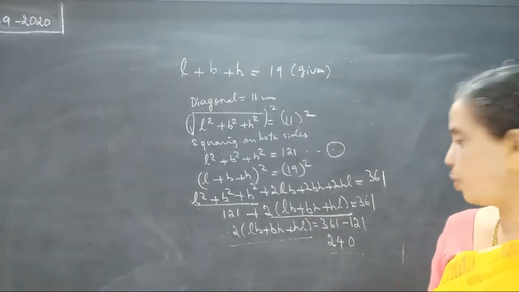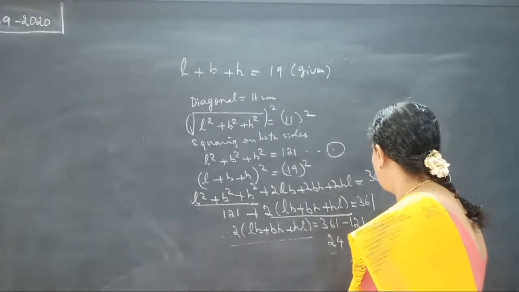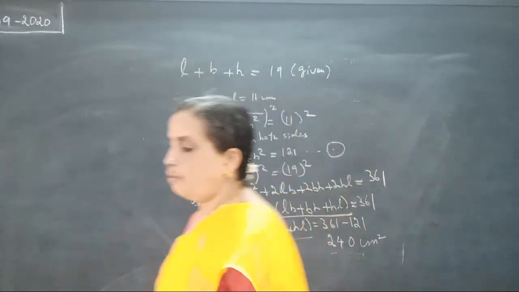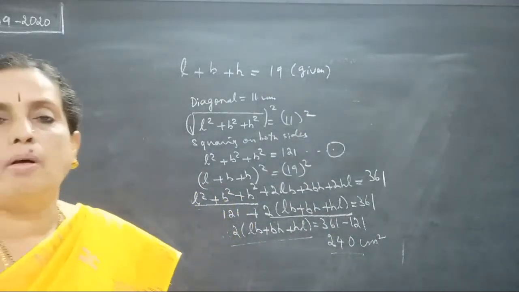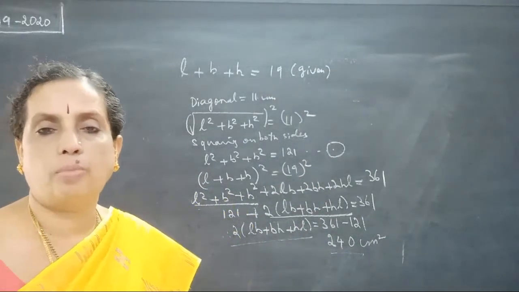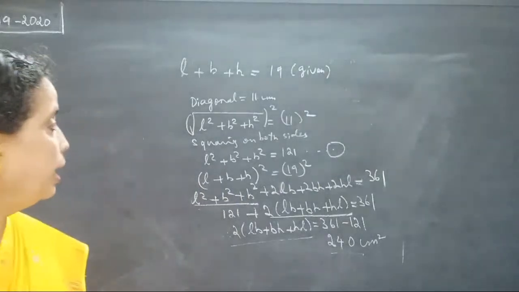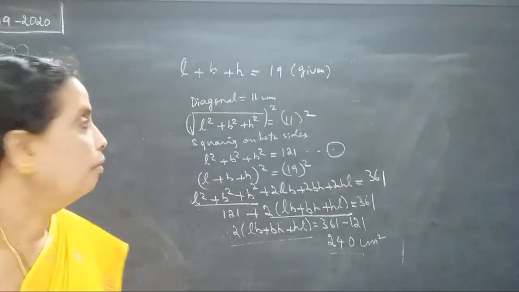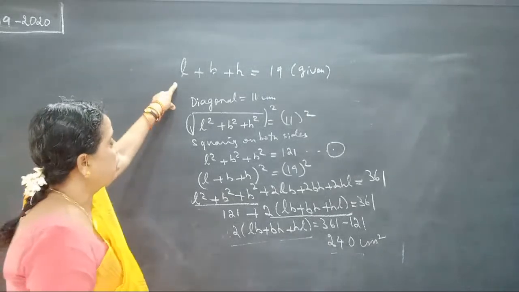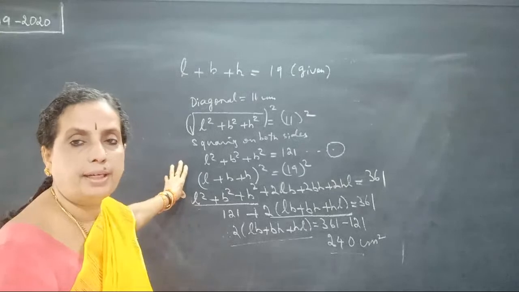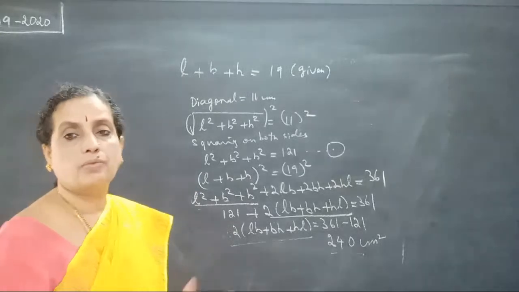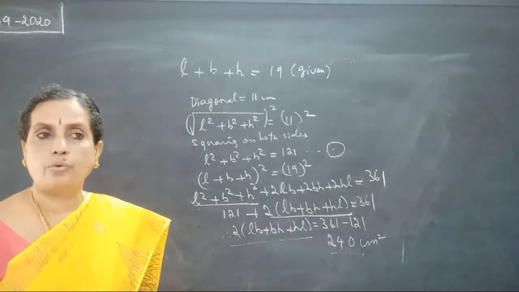240 centimeter square. This is another application question where they have given the sum of the dimensions of the cuboid and the diagonal of the cuboid. The sum of the dimensions we have expanded according to the identity (x plus y plus z) whole square.